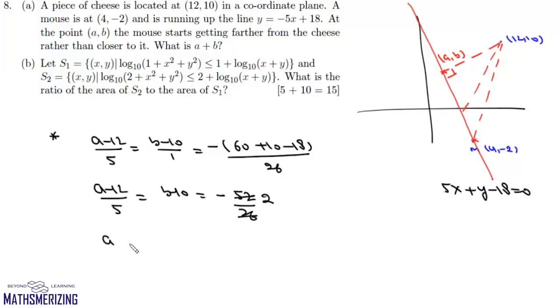So we'll get a = 12 - 10 = 2 and b = 8. So this coordinate will be given by (2, 8).